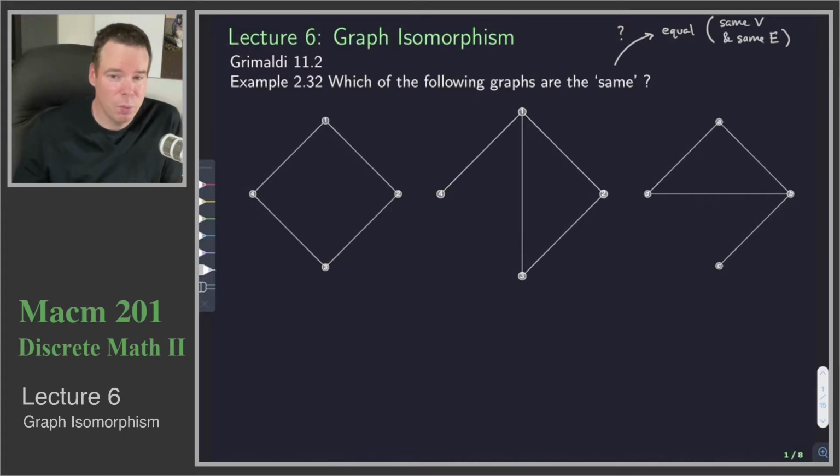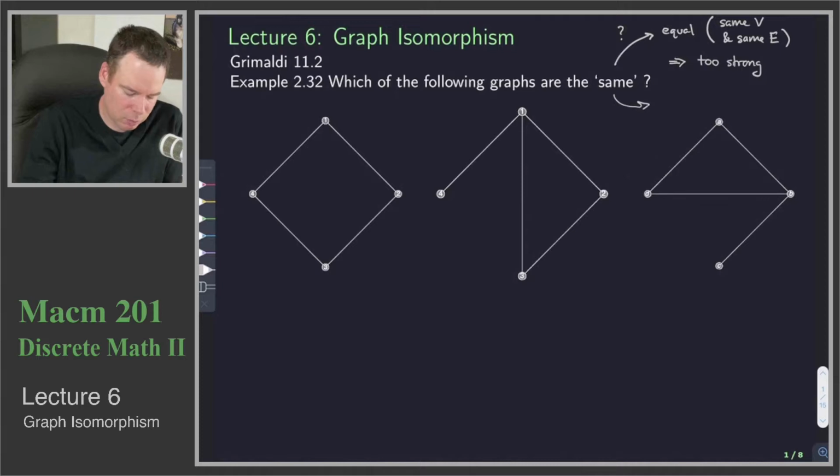So maybe we should just loosen up the idea of what we mean by the same. Do we mean equal? No, this is too strong of a condition to have. What should we mean then? Well, we'll just mean same shape or same structure. And that means we are just going to ignore vertex labels.